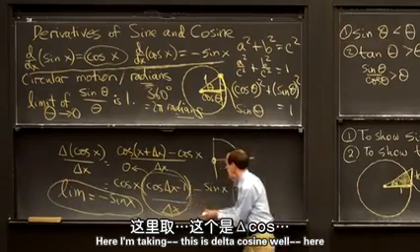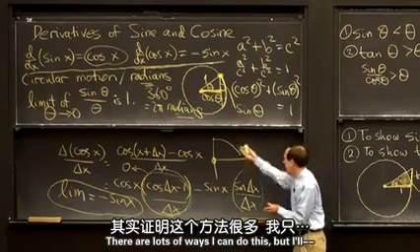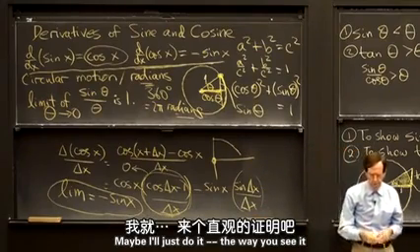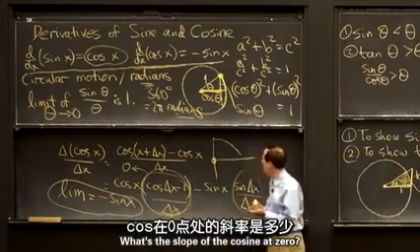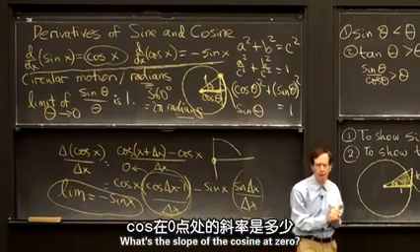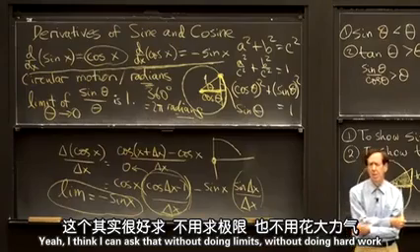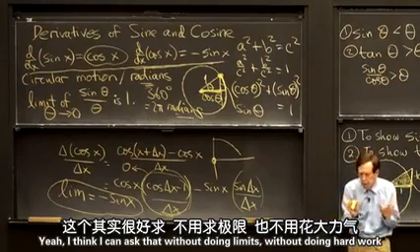Well, there are lots of ways I can do this, but maybe I'll just do it the way you see it. What's the slope of the cosine at 0? I think I can ask that without doing limits, without doing hard work.